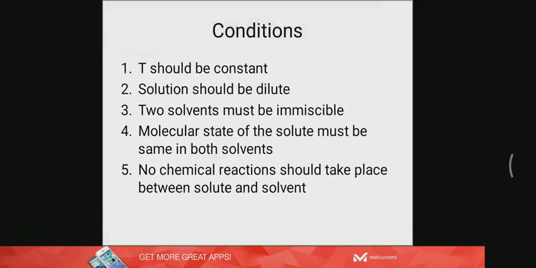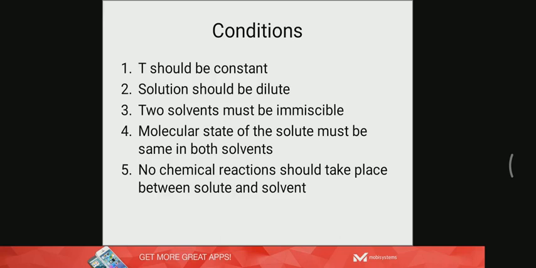Now, for Nernst law to be valid, the conditions to be satisfied are: 1. Temperature should be constant, because when temperature changes, that may affect the mutual miscibility of the solvents, and also it may affect the solubility of the solute in each solvent.